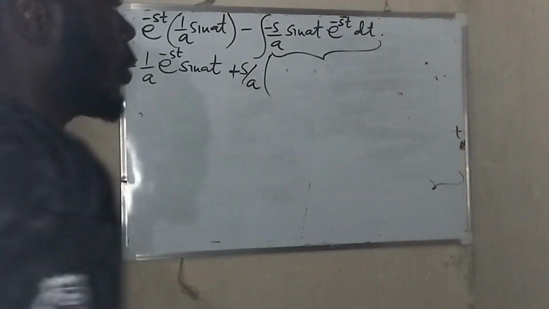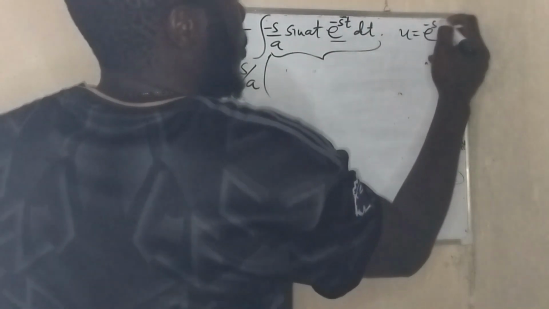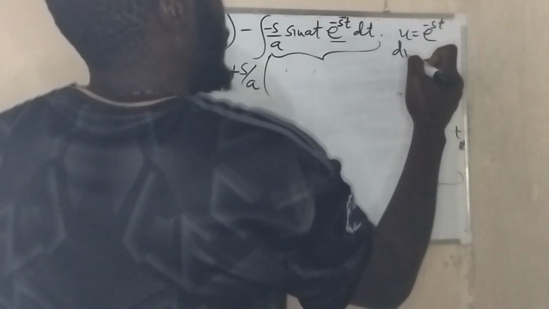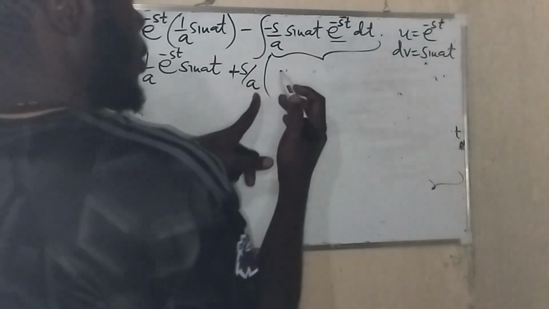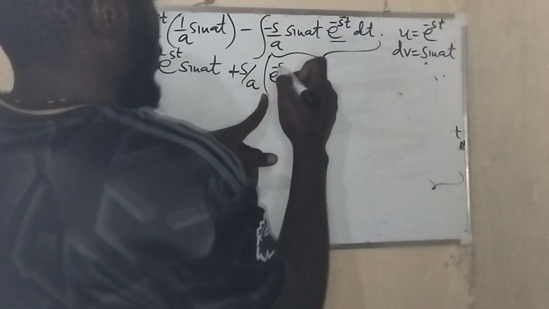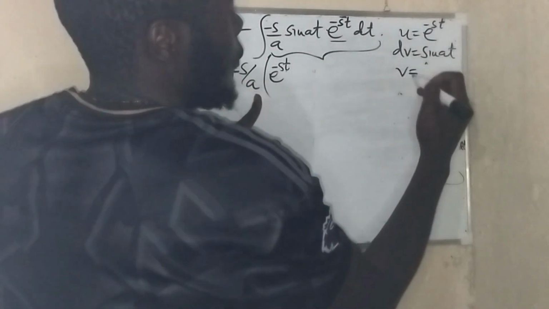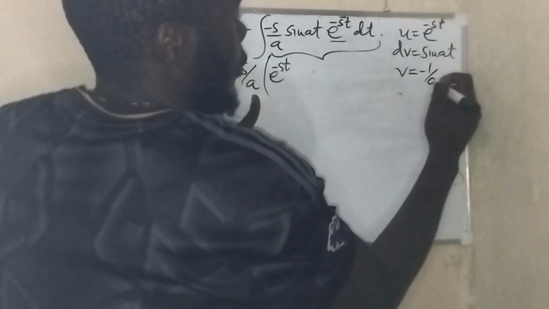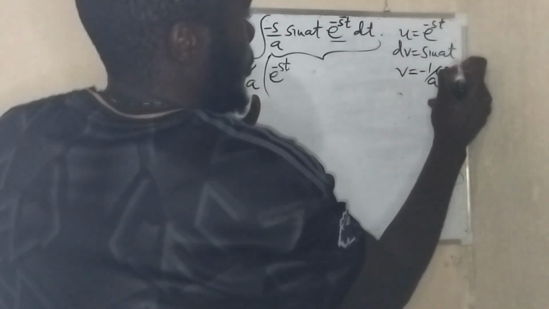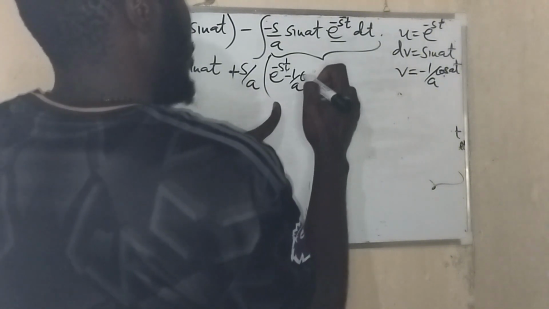So your u is exponential negative st, then you have dv to sine at. So we start with u exponential negative st, then you have v. If dv is this one, then v, the integral of that, is negative 1 over a cos at.